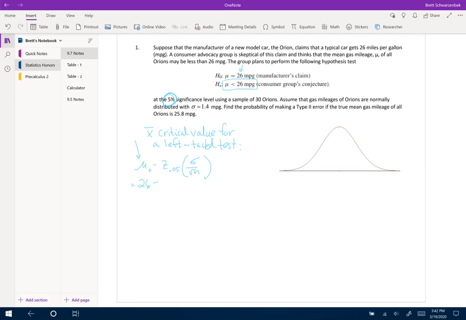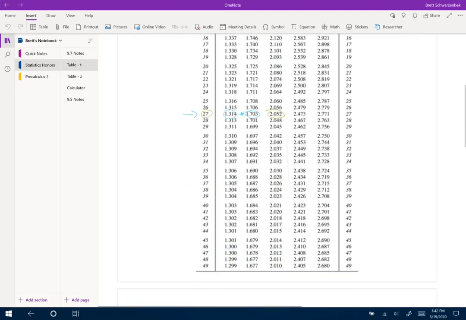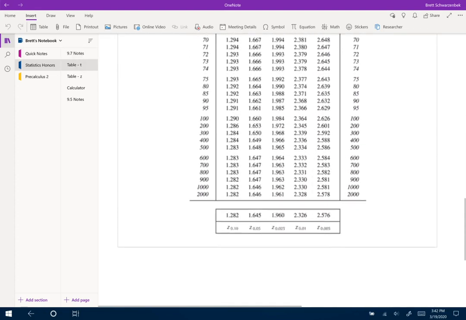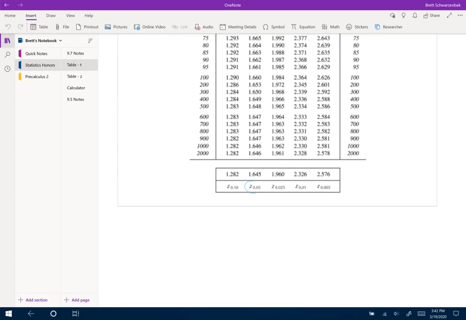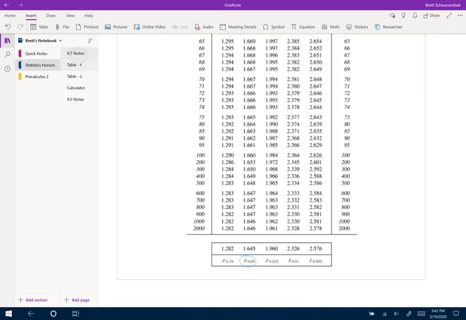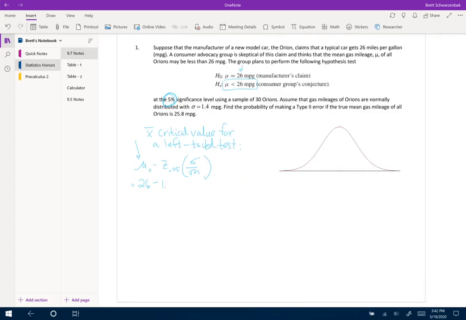So you're actually still looking in the t-table, but you're looking at the bottom of the t-table at z.05, which is 1.645. So with 1.645, 1.4 as the population standard deviation, and 30 cars, this is going to give us an approximate X bar critical value of 25.6.